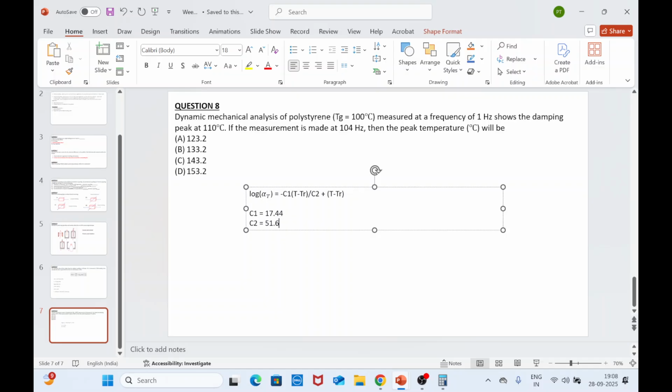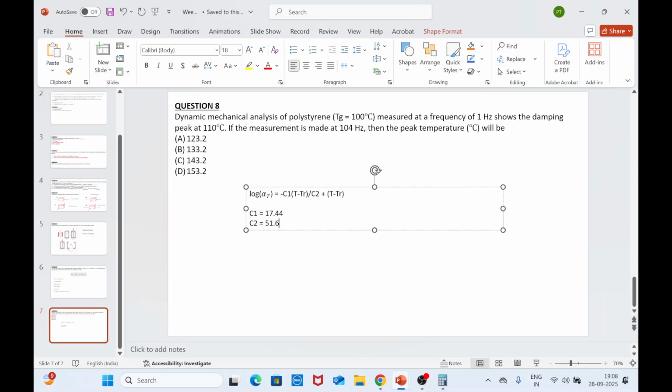So you know C1 and C2, and you need to calculate the value of the peak temperature. You know the reference temperature as 110. Based on this you should be able to calculate the value of T. But the question here is how to calculate alpha, the shift factor to be specific.